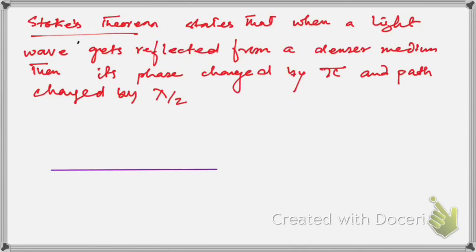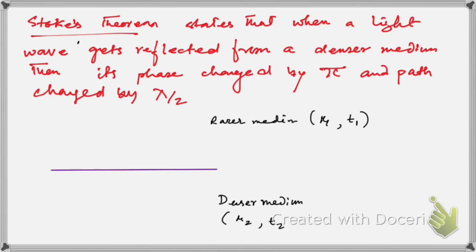Suppose we have here a rare medium with reflection coefficient R1 and transmission coefficient T1, and here is the denser medium with reflection coefficient R2 and transmission coefficient T2. So R1 and R2.